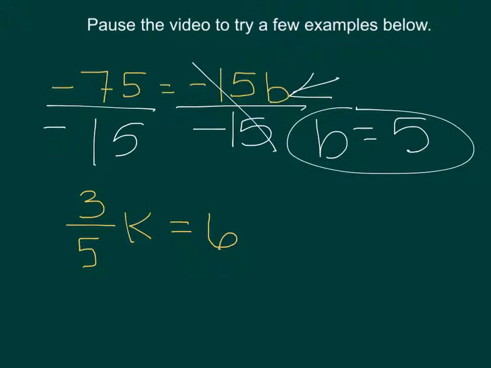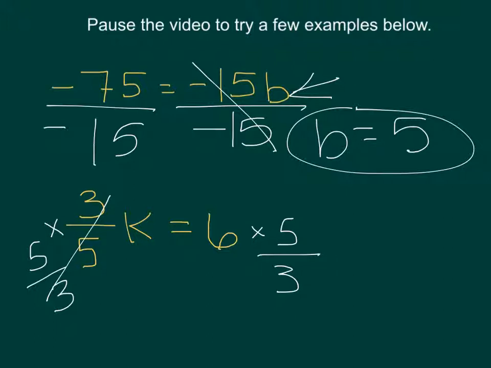Down below, this one's a little bit trickier because you're actually multiplying by a fraction. And to do the opposite, you divide by a fraction. But we can't divide fractions, so you actually have to multiply by its reciprocal. So you multiply this side by 5 over 3 and it goes away. So you multiply this side by 5 over 3.